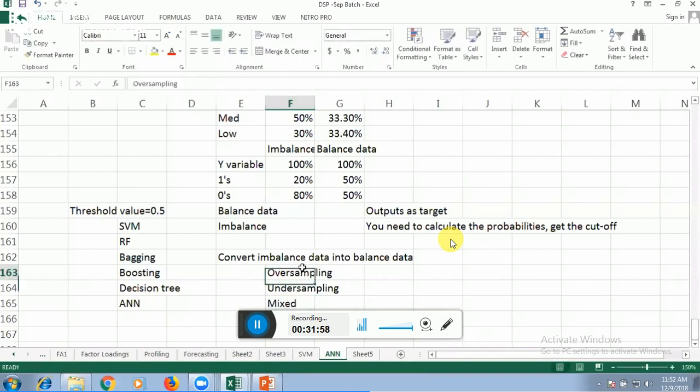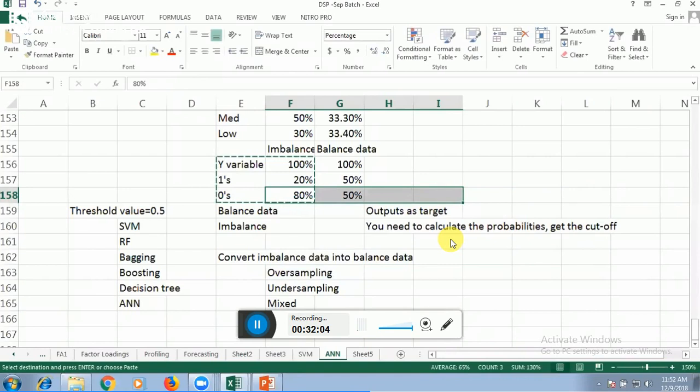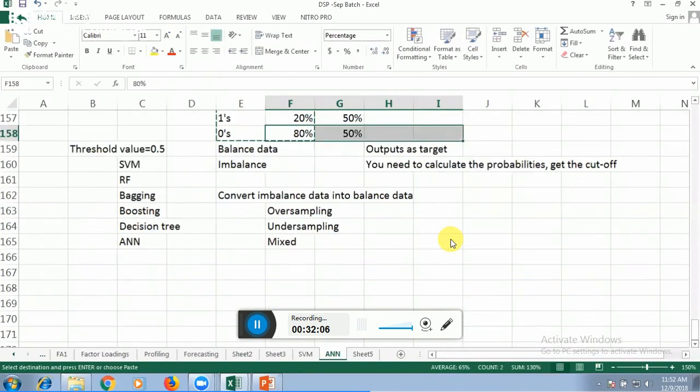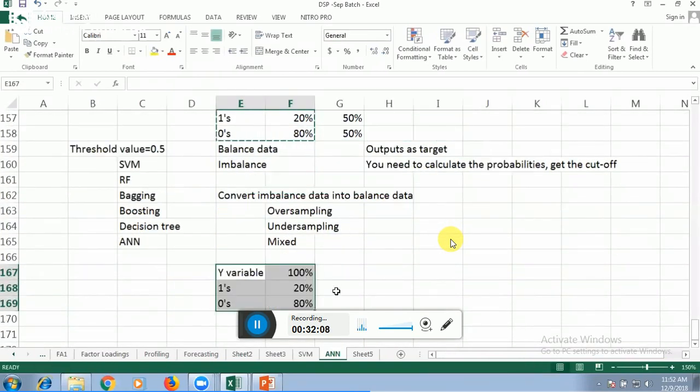So what is oversampling and undersampling? Let's take this example. This is imbalanced data: my 1s are 20% and my 0s are 80%. So this is not balanced data.